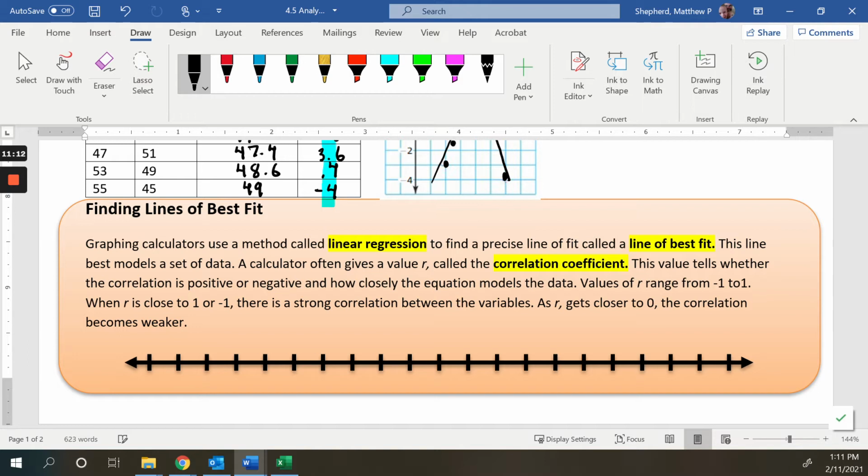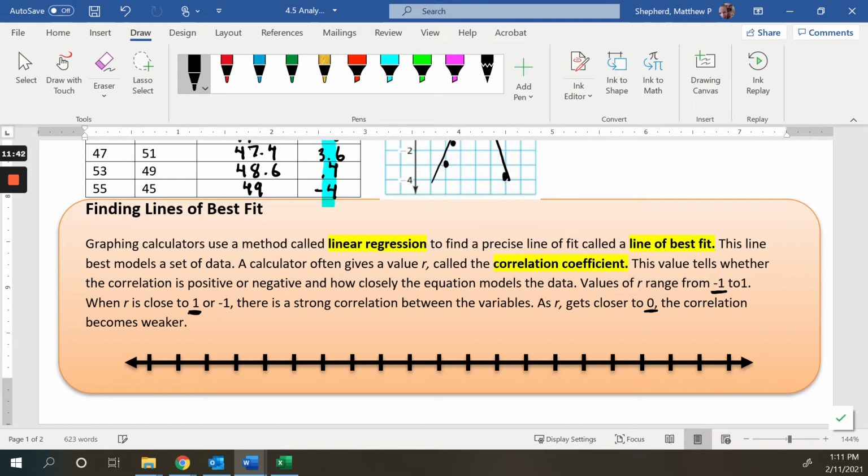Now this correlation coefficient goes from values of -1 to +1. The closer you are to 0, the closer it is to saying there is no relationship there. So if your correlation coefficient is close to 0, that's no relationship. A correlation coefficient of either +1 or -1 means the dots line up exactly.